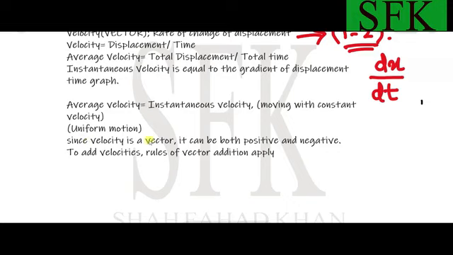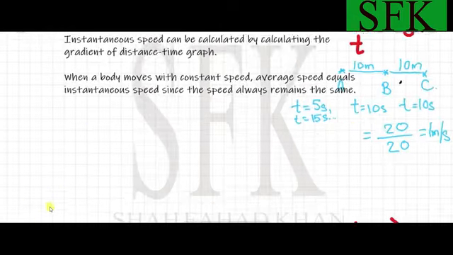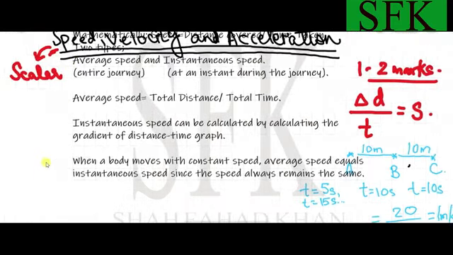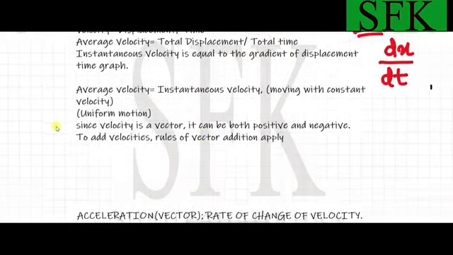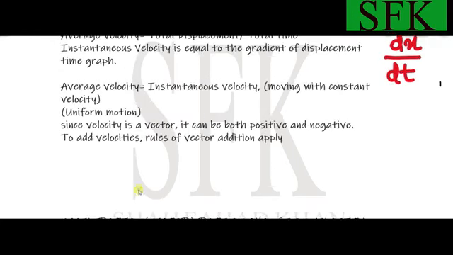Now, velocity is a vector, so it can have both positive and negative signs. Speed was a scalar, so it could only be positive, but velocity is a vector and can have both positive and negative signs. So for example, if I throw some ball with a speed of, let's say, 10 meters per second, with a velocity of plus 10 meters per second, taking the right side as the positive direction.